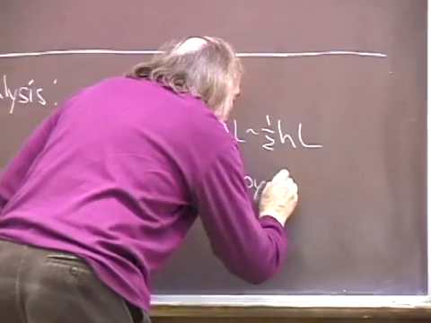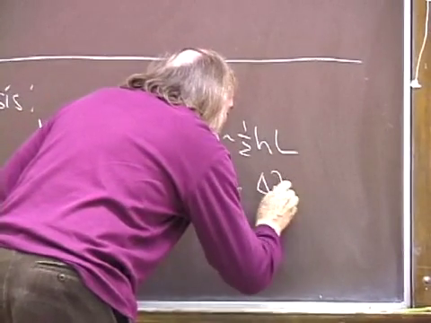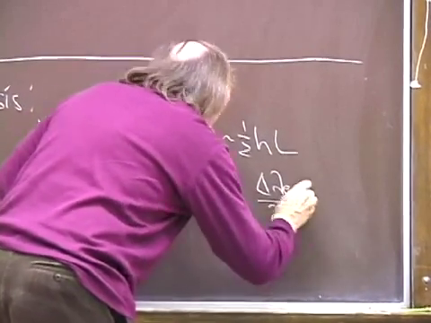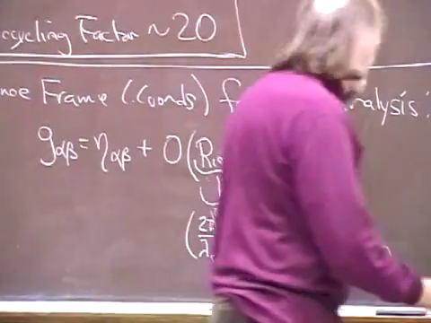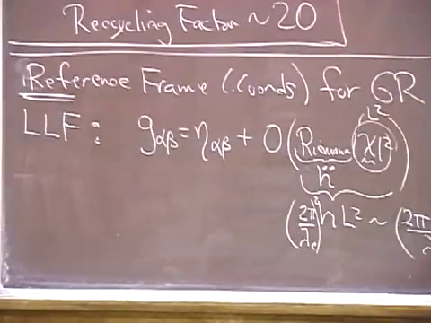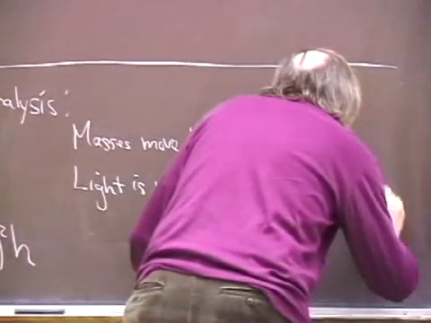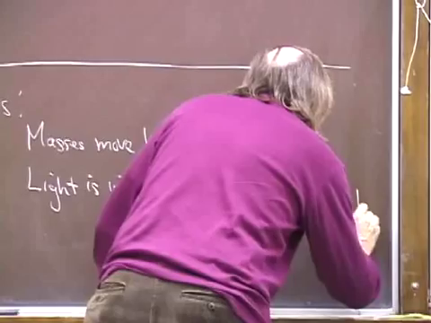by, say, things like a fractional change in the wavelength of the light that is of order this perturbation of the metric. So it's of order (2 pi L over lambda_E) squared times h.